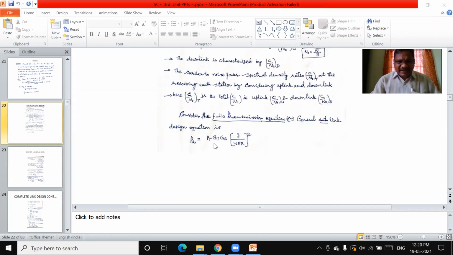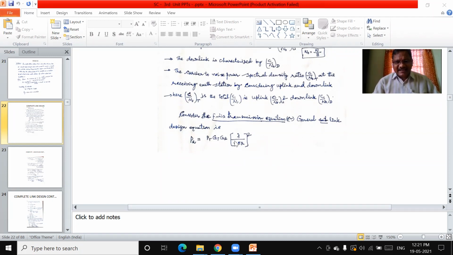So now this can be written as PT GT GR by 4 pi R by lambda whole square. This is the denominator part.